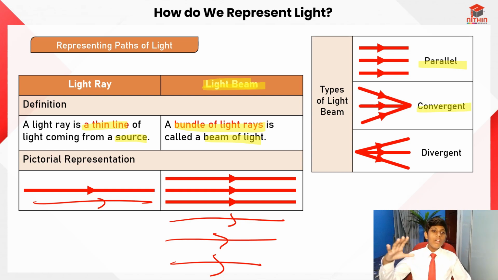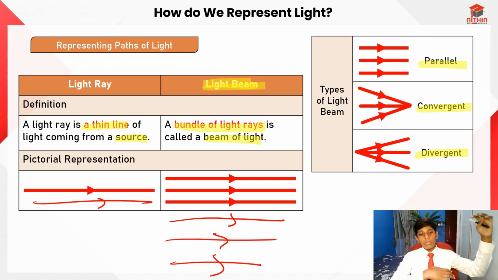Basically from over here, the beams of light come down and focus into this one point, while divergent is basically the total opposite. From this point over here, the beams of light actually spread and widen. So I hope you understood that. Let's move on.